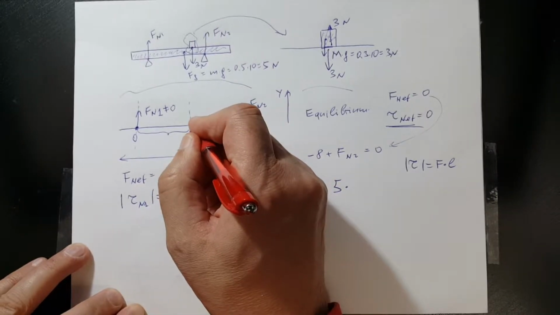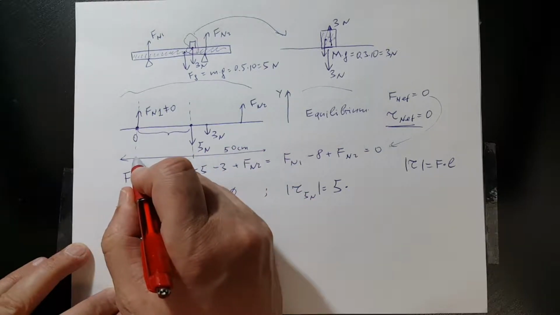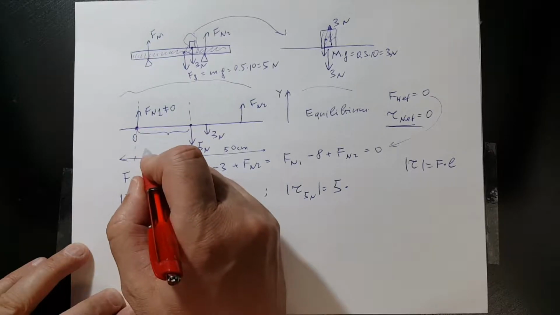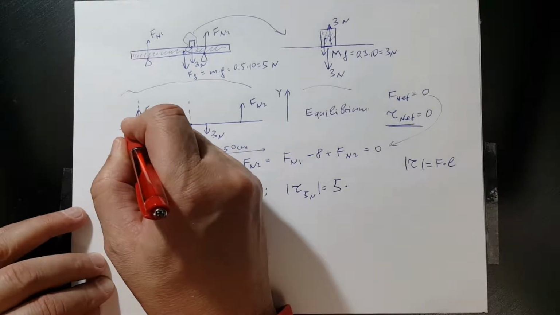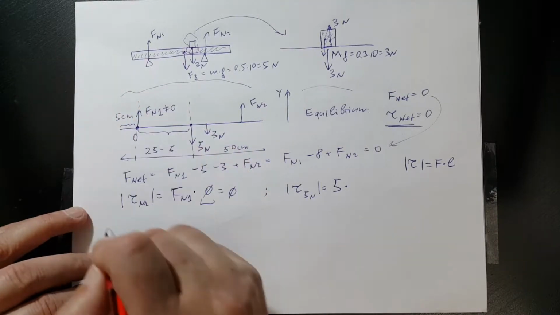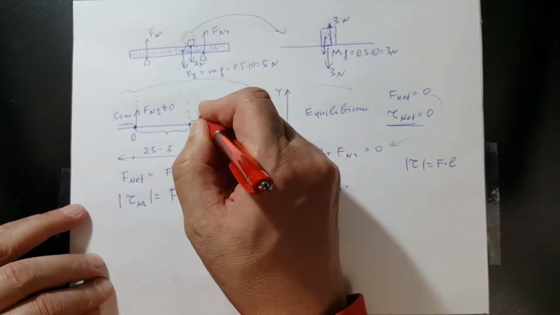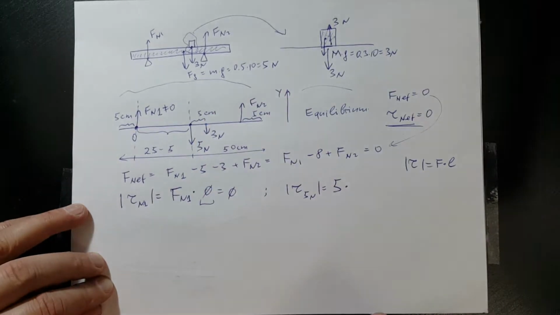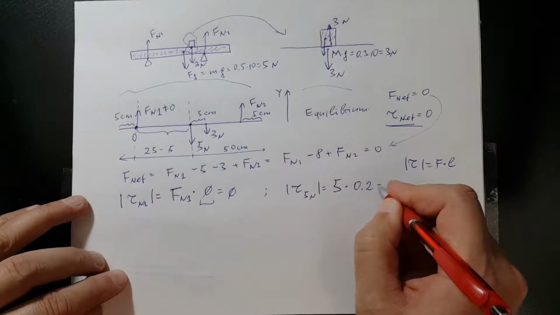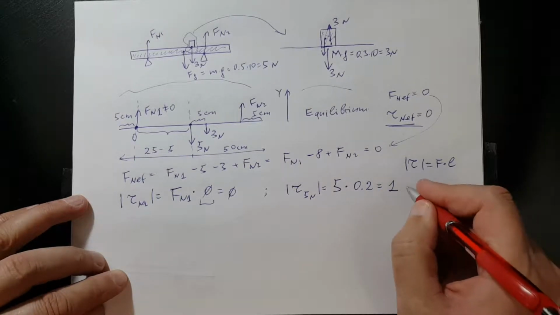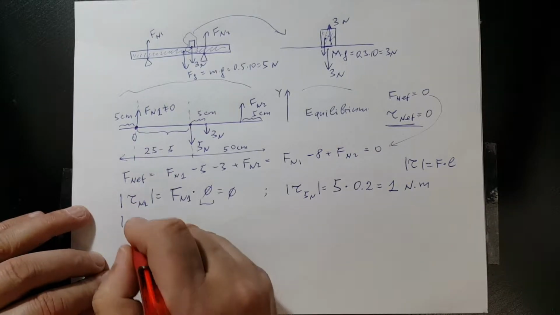The force of gravity is applied to the middle of this board because it's uniform. That means this should be equal to 25, half of the board, minus 5. Remember from the picture, that also is 5 centimeters. So 25 minus 5 is 20 centimeters, or 0.2 meters. So 1 newton times a meter. Done.